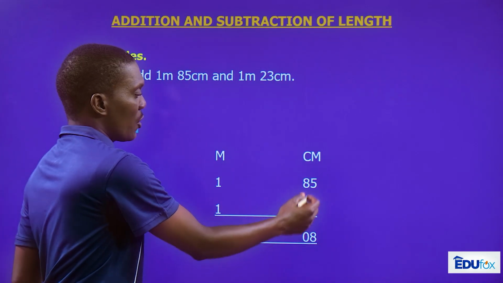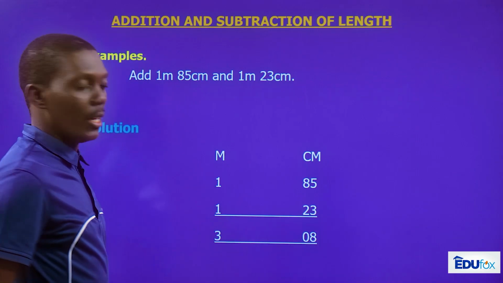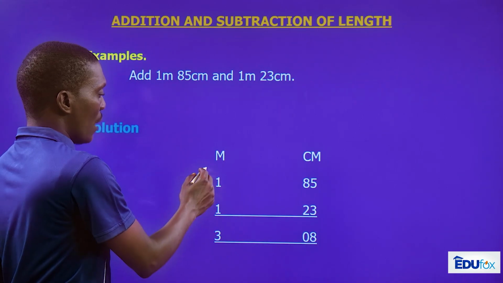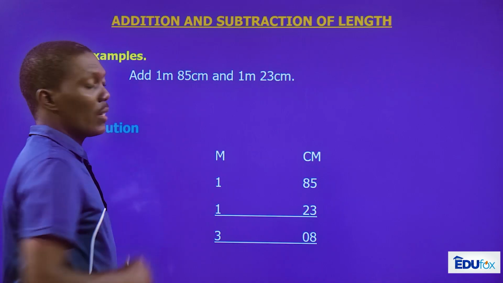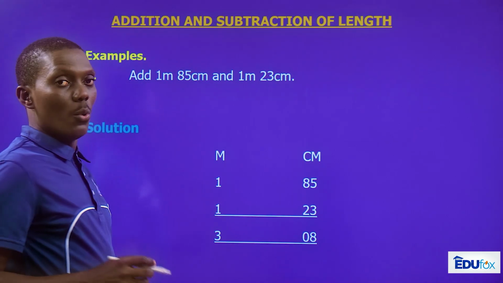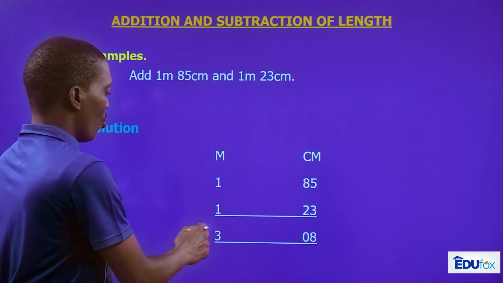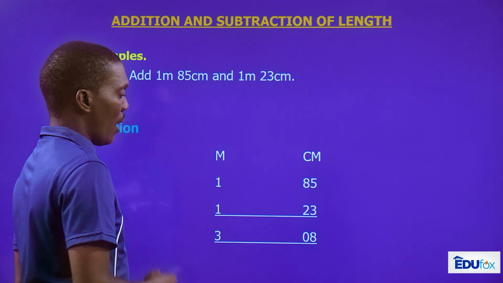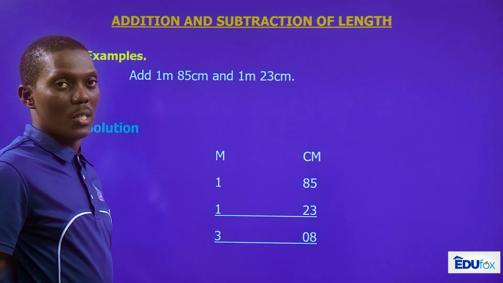Now, the 100 cm we removed from 108 is the same thing as 1 meter, and so we add 1 meter to 1 meter to give us 2 meters, and 2 plus 1 will give us 3. So the answer to this question is 3 meters 8 centimeter.